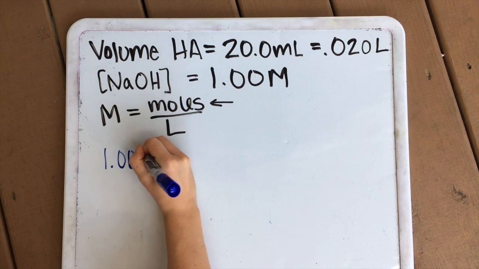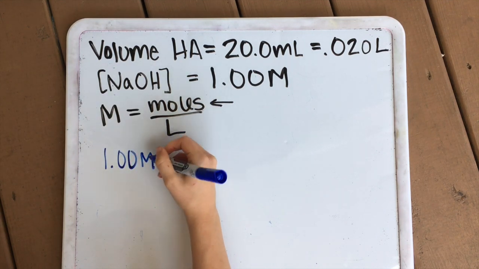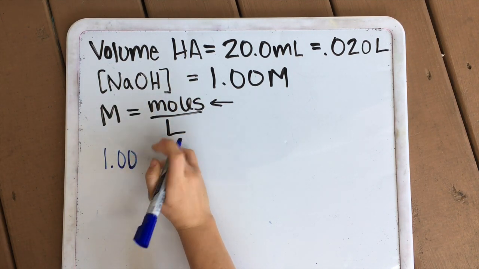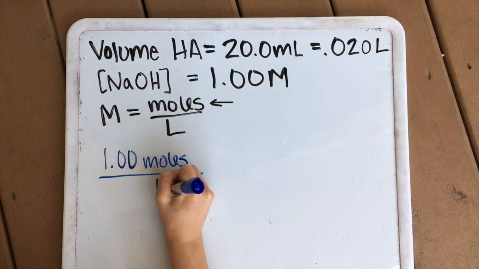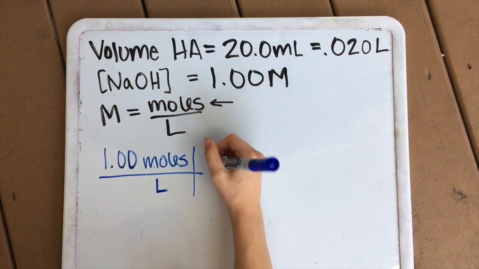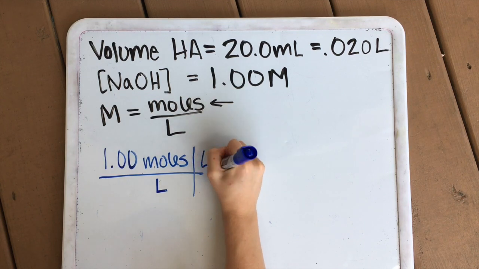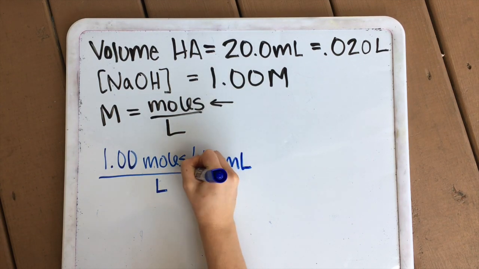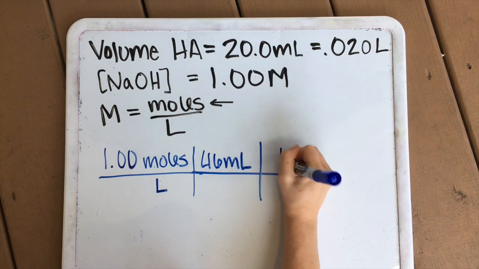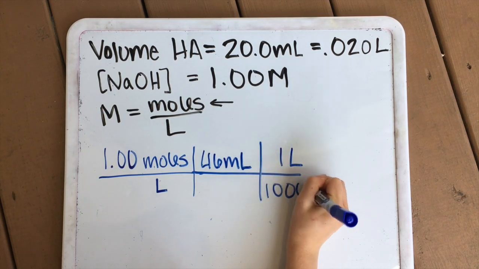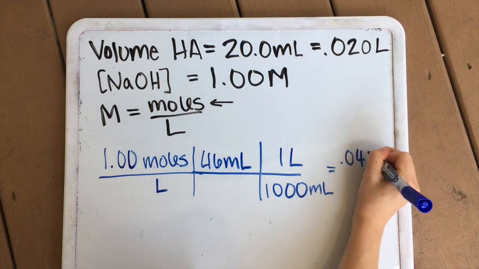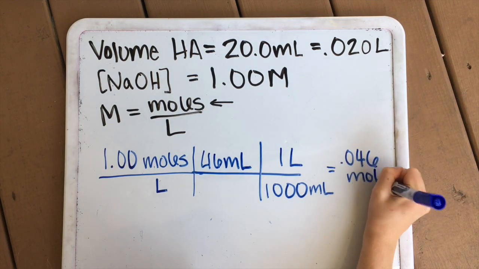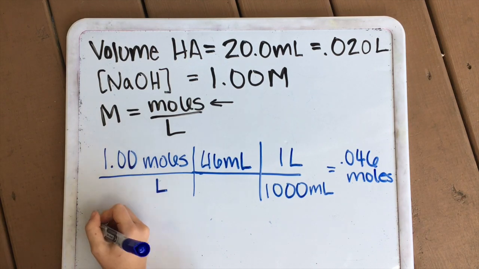Now we take the concentration of the NaOH solution, which is 1 mole over a liter, multiply that by the volume, 46 milliliters, and convert the milliliters to liters, and we find the amount of moles in the NaOH solution at the equivalence point. .046 moles.